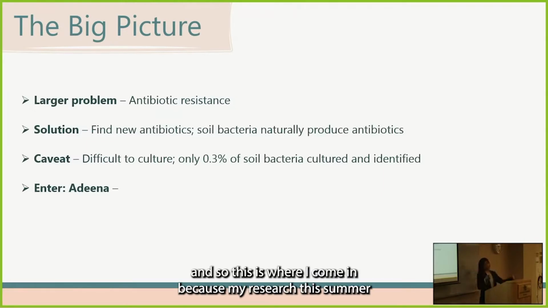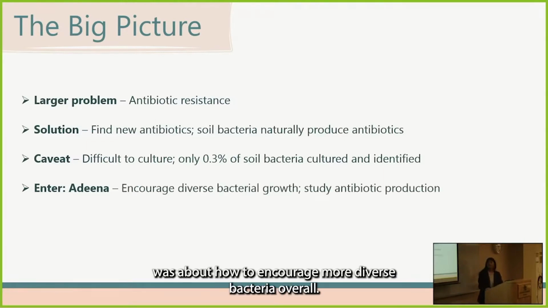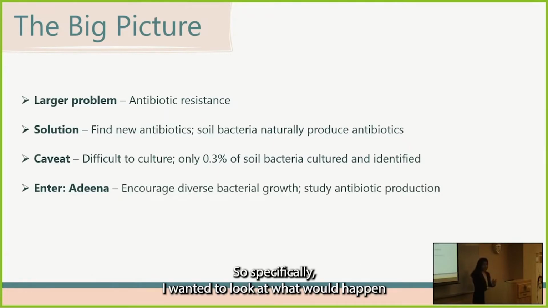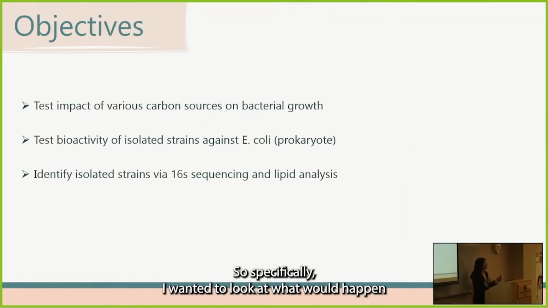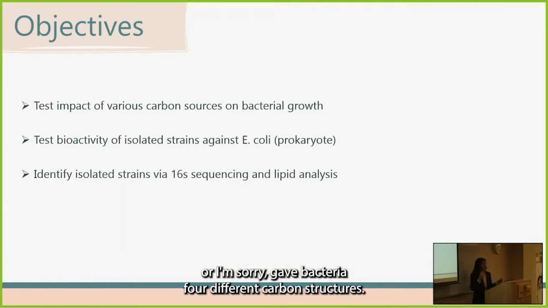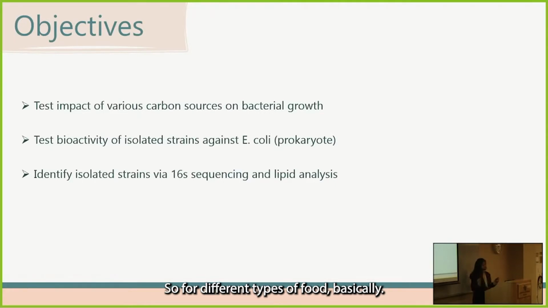So this is where I come in, because my research this summer was about how to encourage more diverse bacterial growth. Specifically, I wanted to look at what would happen if I gave the bacteria 4 different carbon sources, so 4 different types of food, basically.